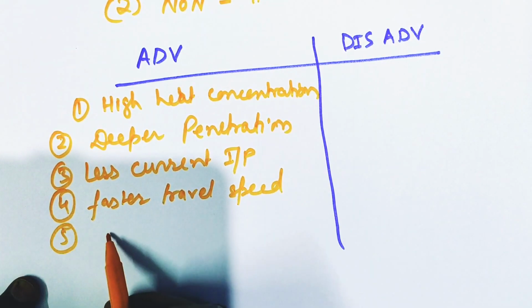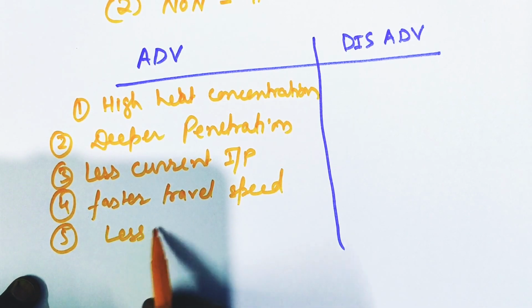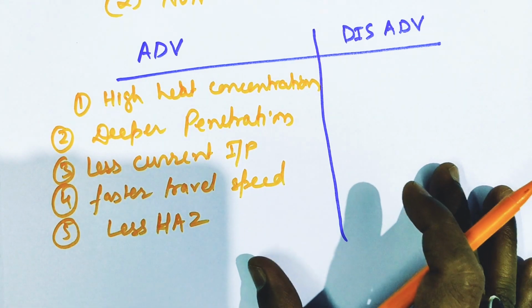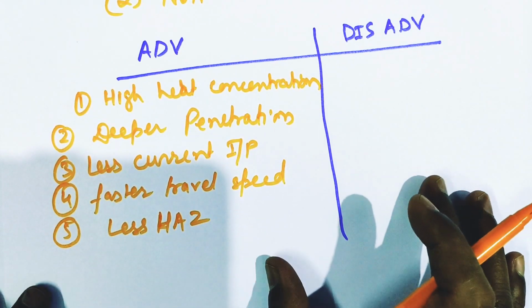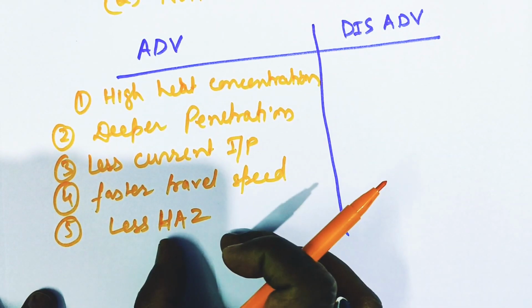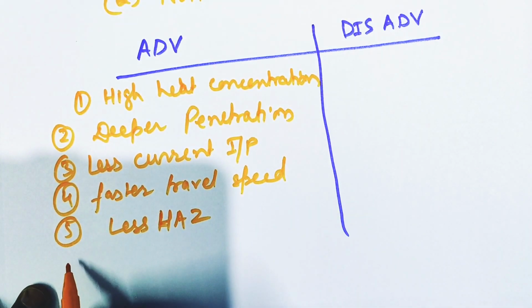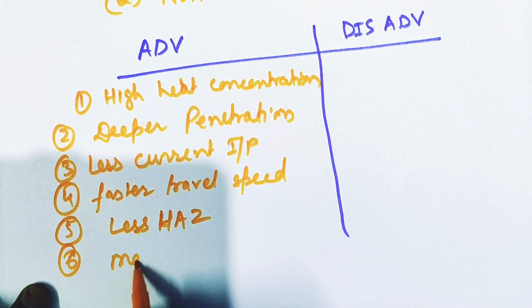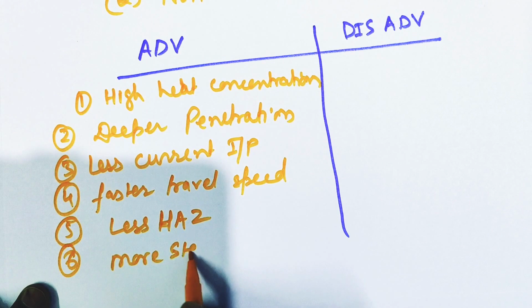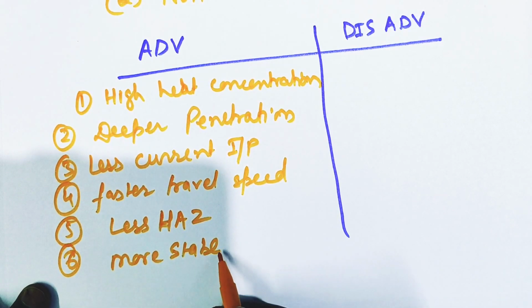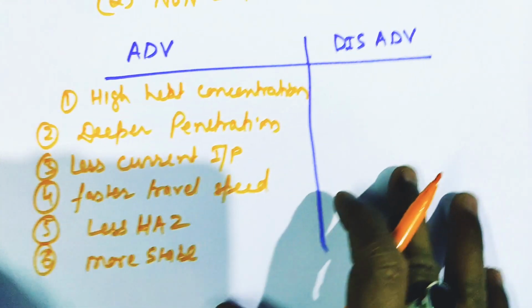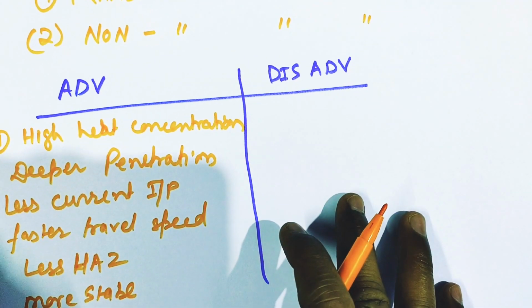The fifth advantage is less heat affected zone. Since it produces a very focused constricted arc, the heat affected zone area remains less as compared to TIG welding or other welding processes. And finally, it is more stable and does not get deflected from the base metal. So these are some of the advantages of plasma arc welding.